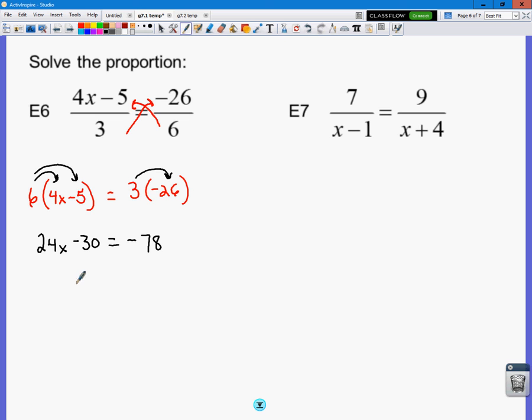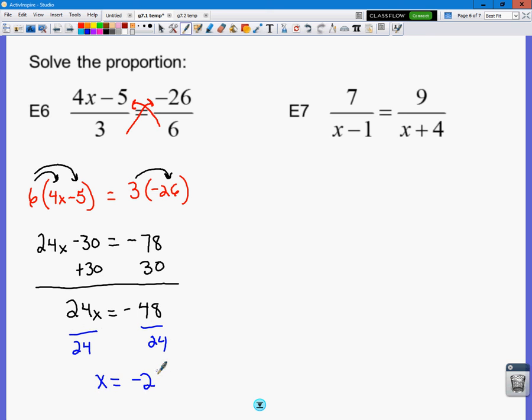We're going to add 30 to both sides. I'm going to have 24x equals a negative 48. And then I'm going to divide both sides by 24. So x is equal to a negative 2.